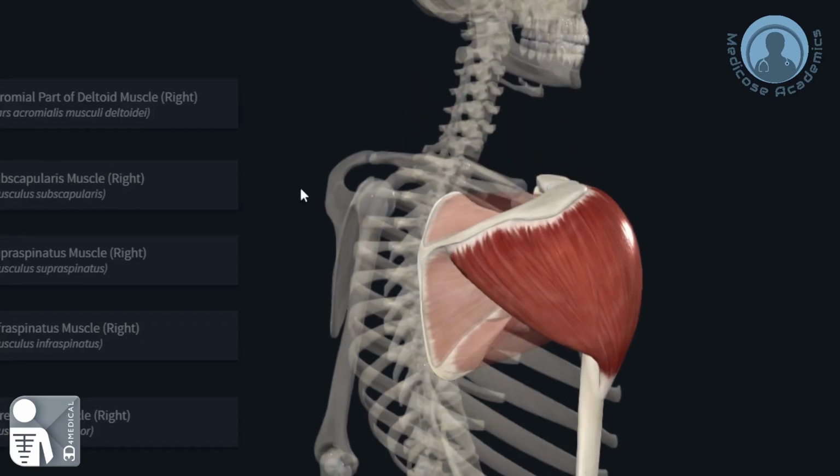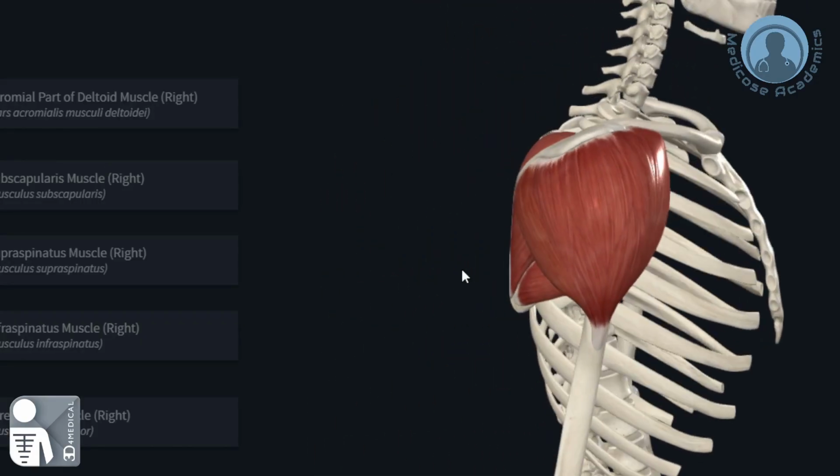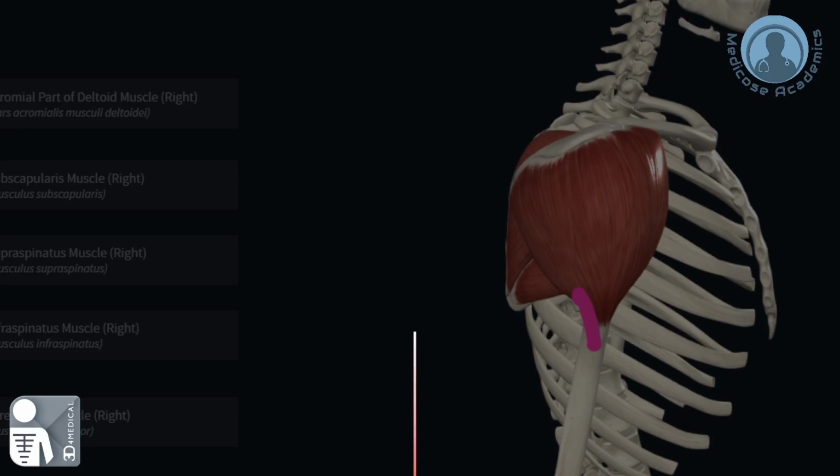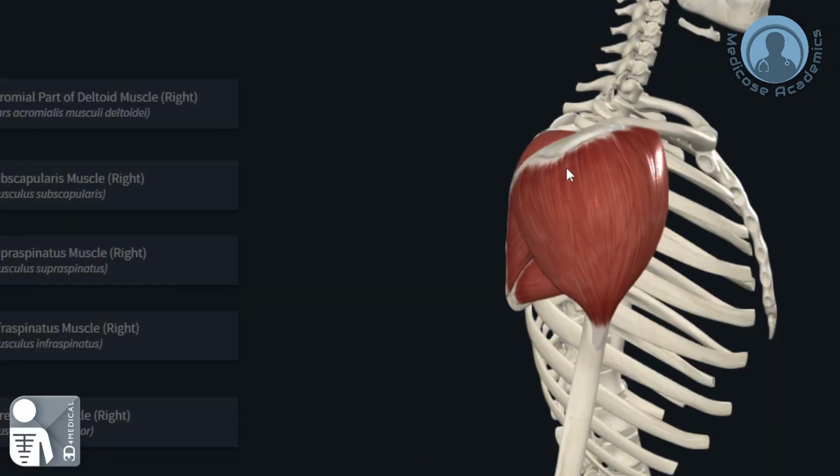We can get a little more technical regarding its pinnate nature. The deltoid's anterior fibers and posterior fibers have slightly different functions as compared to the acromial fibers. The acromial fibers are needed more powerfully, so these are pinnate. The muscle arises from four tendinous arches, and here it is inserted into these three tendinous arches.